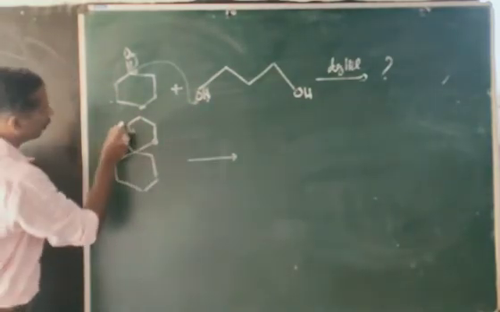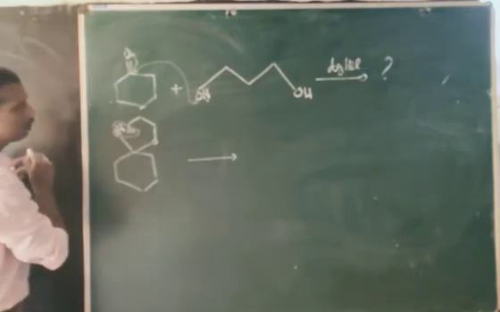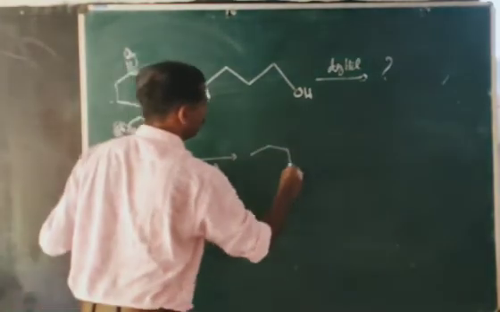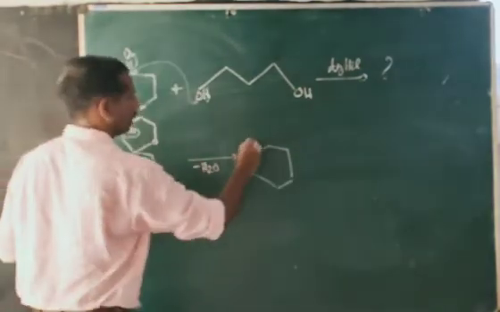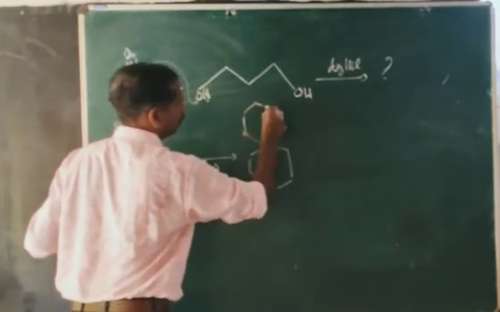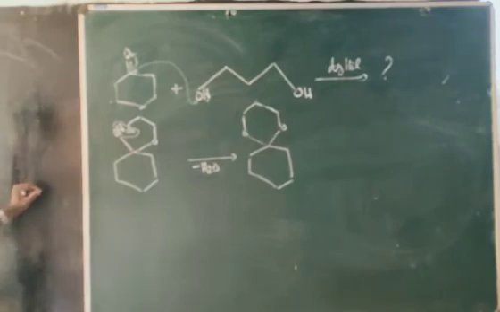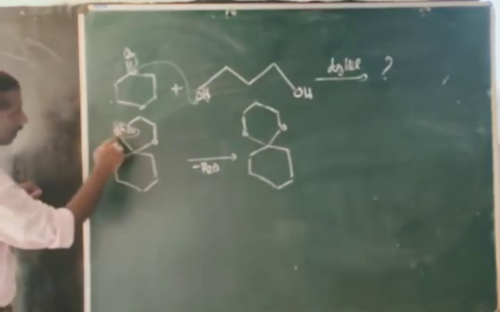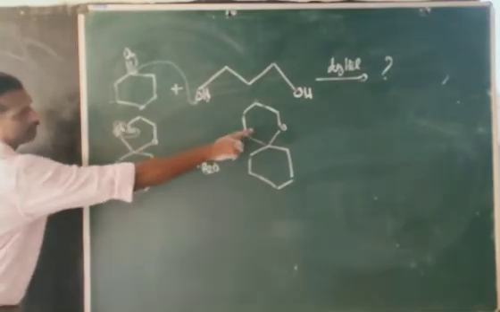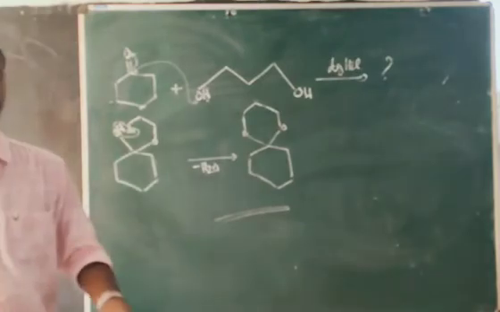In the next step, H and OH will be removed, minus H2O, and we get a structure like this. Here it is O, here it is also O. Correct? So that's all about addition of alcohol.